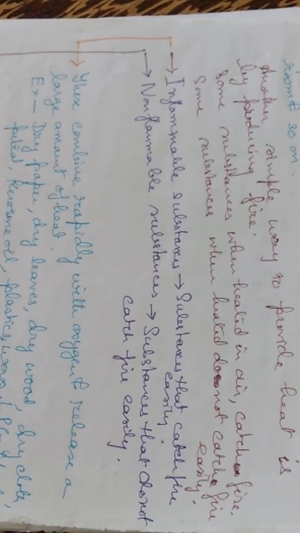Inflammable substances combine rapidly with oxygen and release a large amount of heat energy, like dry paper, dry leaves, dry wood, dry cloth, petrol, kerosene, plastic, wax, LPG, and even hydrogen.